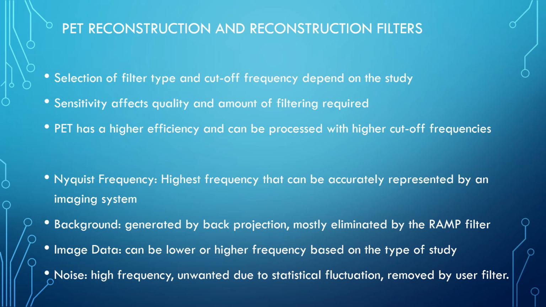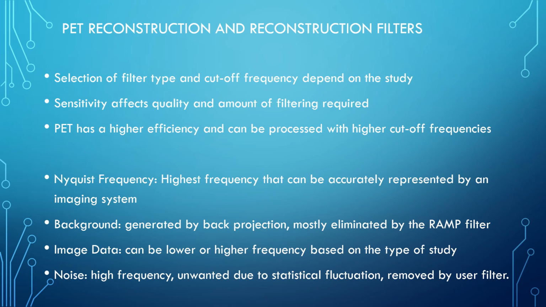The image data can be lower or higher frequency based on the type of study and the radiopharmaceutical distribution. Noise occurs with high frequency. This is unwanted frequencies that are due to statistical fluctuations, and theoretically, this is removed by a user filter.